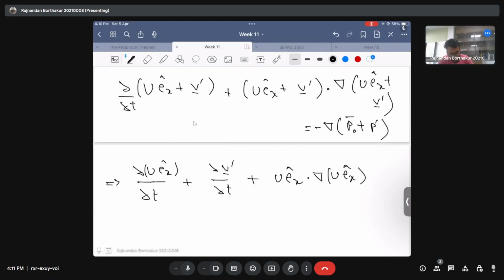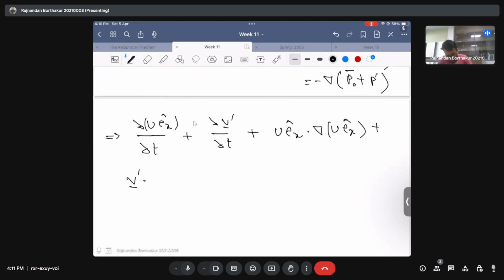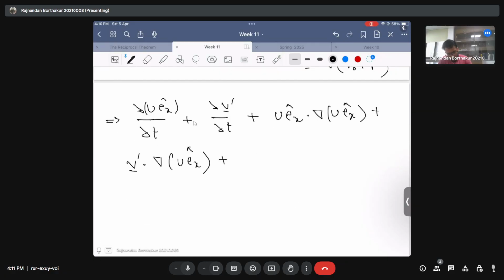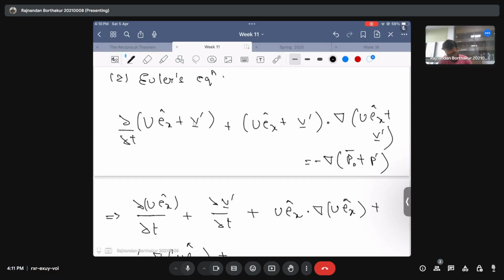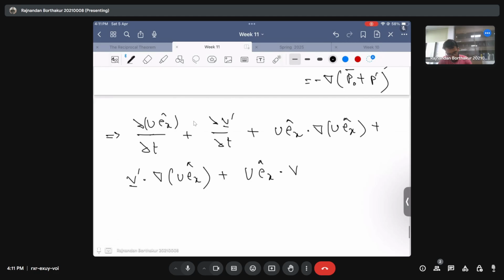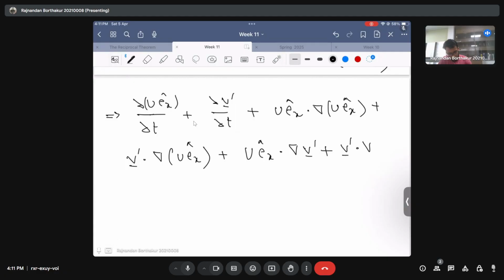That's the algebra that we are doing, so we are just breaking the terms. Plus v dash dot grad of U ex, where this capital U is nothing but the base flow profile, plus U ex dot grad of v dash, plus v dash dot grad of v dash, and then minus grad of p naught bar minus grad of p dash.